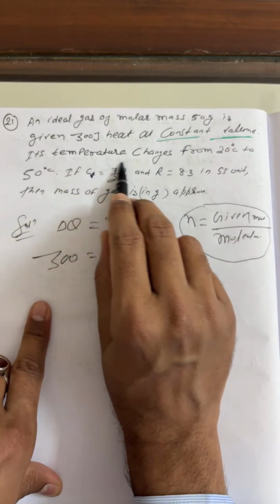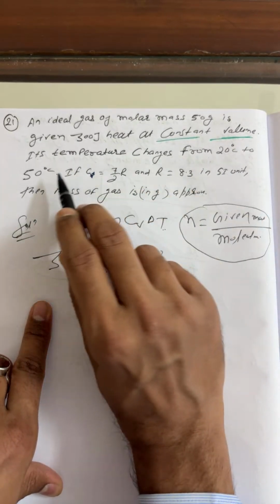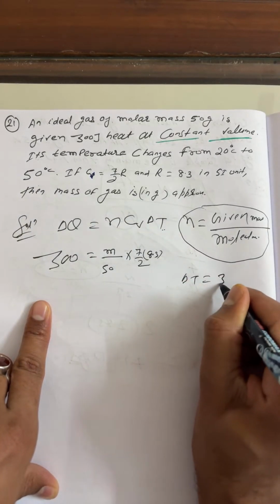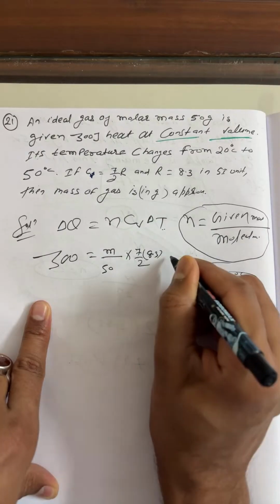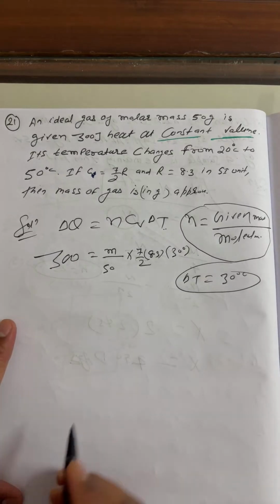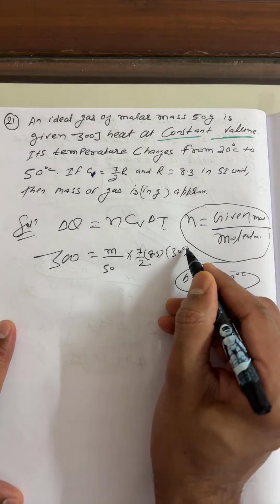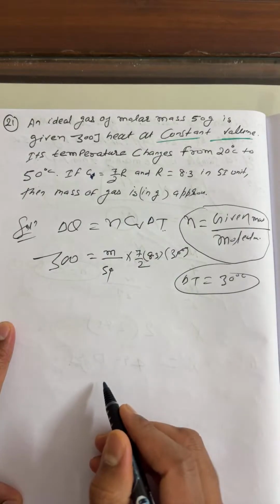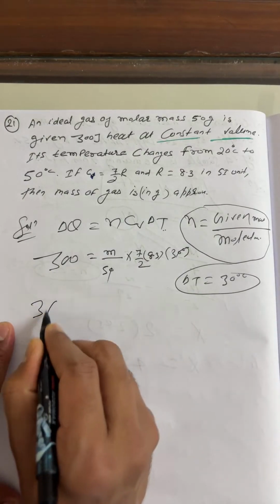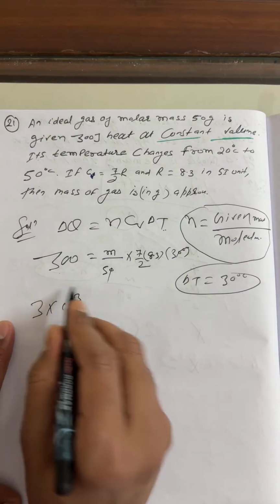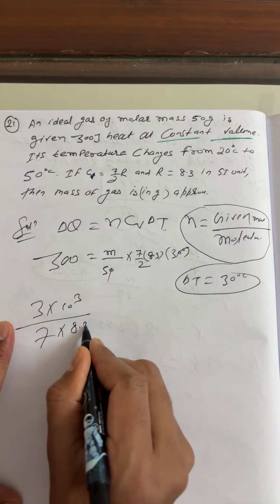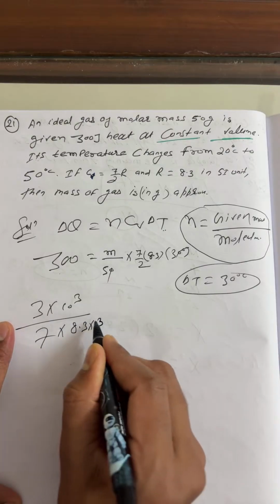Because it is mentioned as constant volume, the temperature changes from 20 degrees Celsius to 50 degrees Celsius. So what is delta T here? This is 30 degrees Celsius. You can multiply it as 30. Simple. This cancels here, right? So you can say 3 into 10 to the power 3 upon 7 into 8.3 into 3.